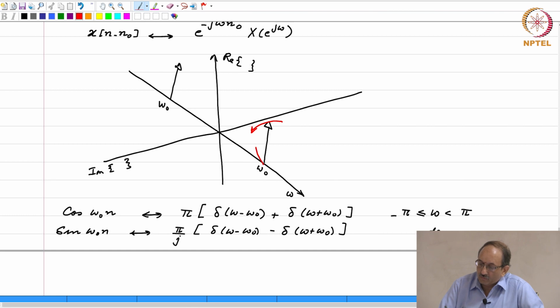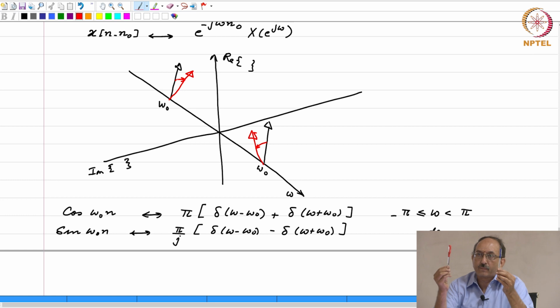So, now this is rotated by an angle like this. This impulse starts to rotate in this direction, all right. So, if these are the two impulses, then when I start to shift, this rotates like this, rotates like this, okay.